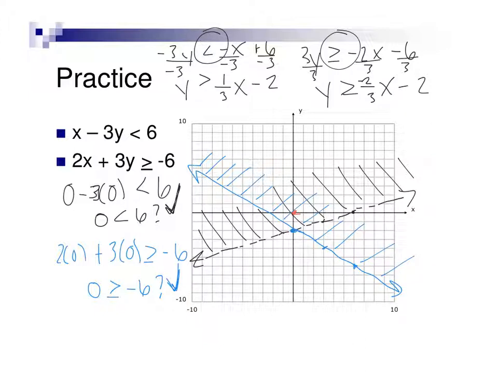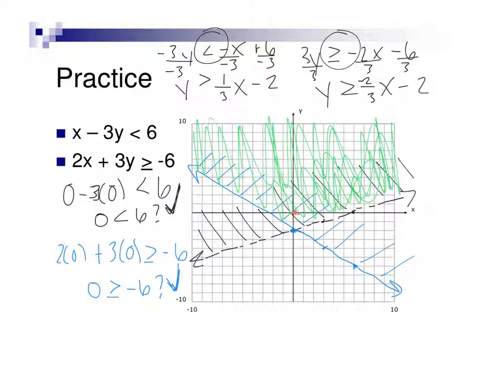Now, where on my graph are my areas that are shaded overlapping? Well, that would be in this part right here. So notice that the black and the blue are overlapping in this area. Okay, so ultimately this is the area that I'm looking for. All right, so let's look at one more example and then you'll be free to work on your assignments.